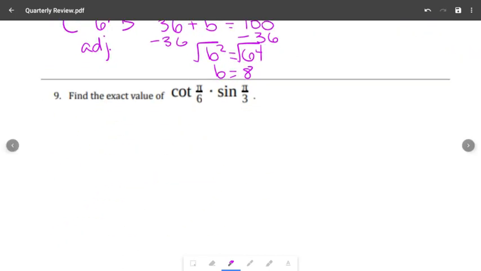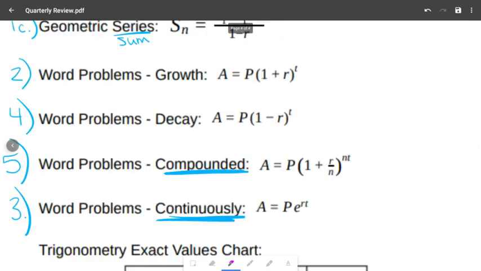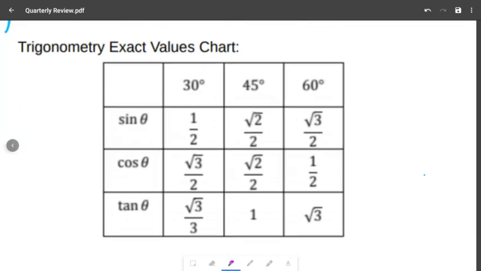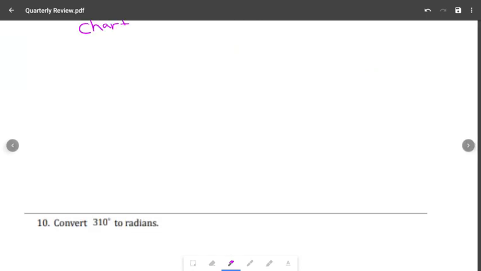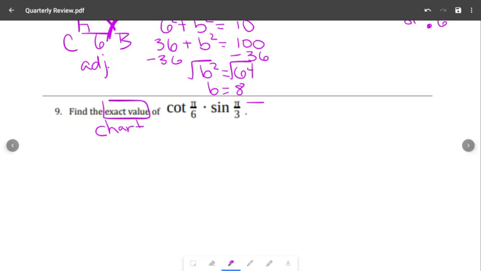Number 9, find the exact value of this. Exact value means we are going to be using the chart. However, remember the chart is in degrees. And right now, these pi's mean that we are in radians.